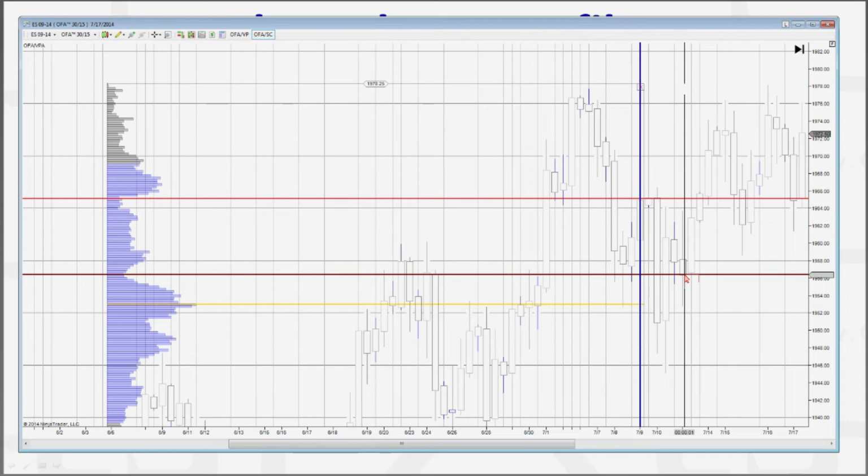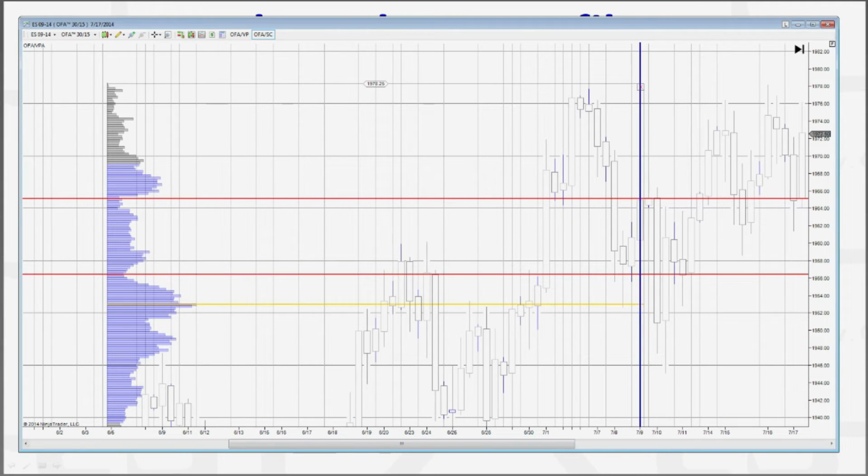Because as the market probes outside of value, it's pushing either higher or lower. And that is typically a trend. And what you'd be looking for in that case to support further movement is you would be looking for value to keep moving lower with the move.